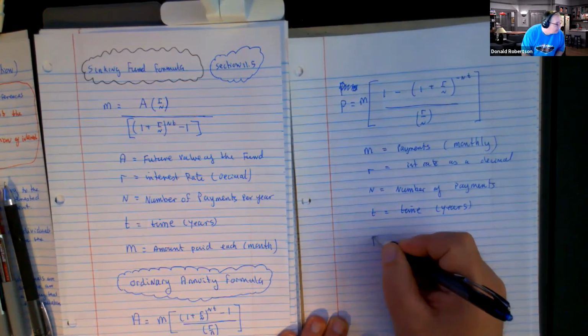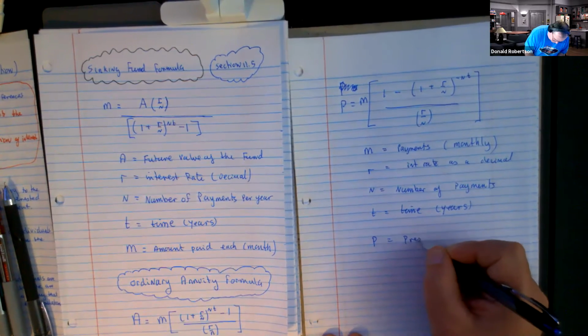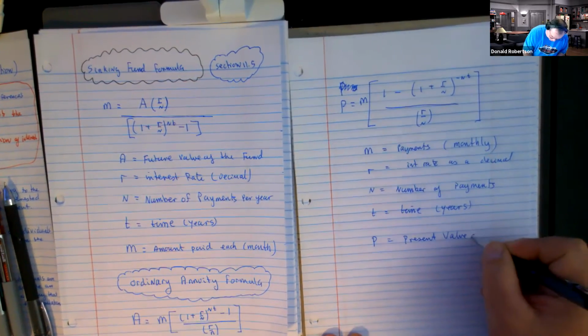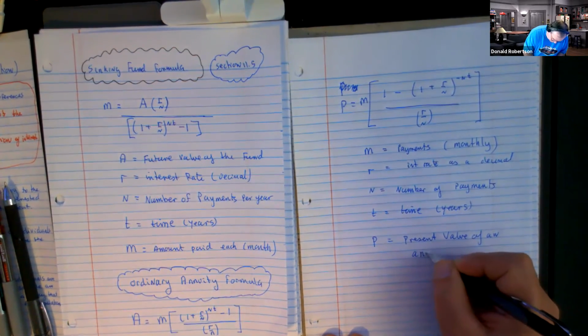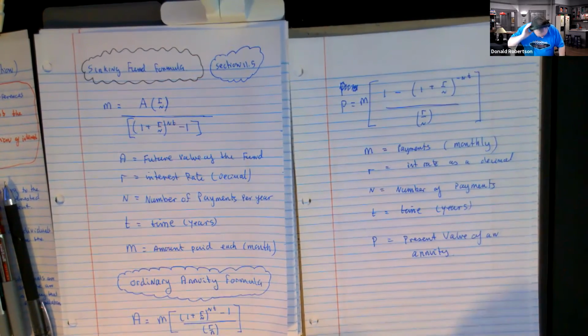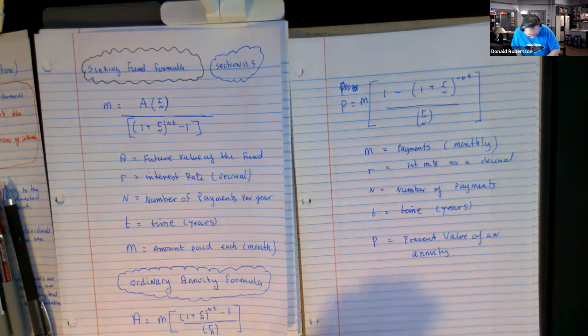And P is called the present value of an annuity. So if you use this formula, it will tell you the present value of an annuity.